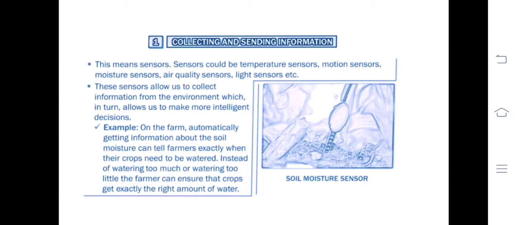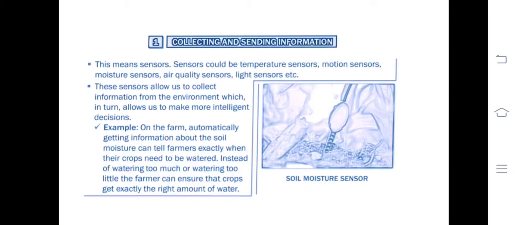Automation, yes? You have a lot of sensors. So what does it mean? Sensor means to sense. Let's say this room is connected with artificial intelligence.